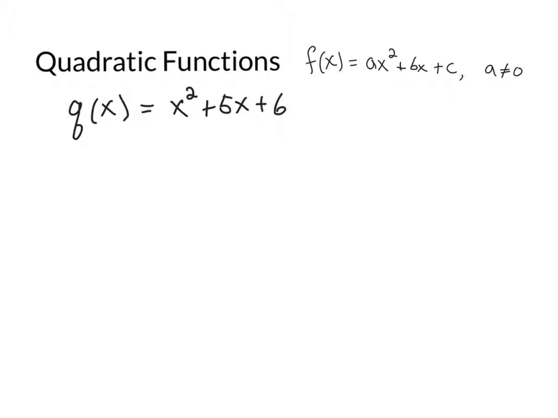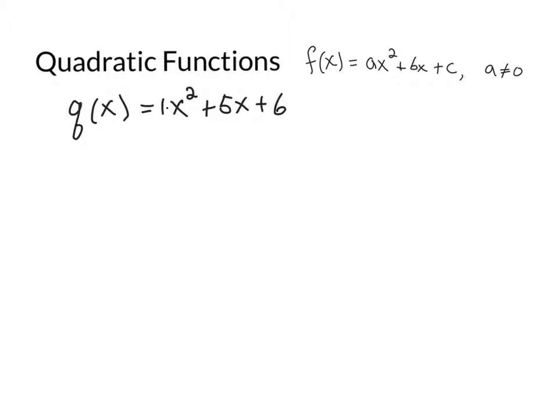If I look at this, I have a 1 out here that I'm not writing. So this is really 1 times x squared. If we have a 1 out front, we don't write it, but we have to know that it's still there. So in this case, my value for a is 1, my value for b is 5, and my value for c is 6. And so this is called a quadratic function.